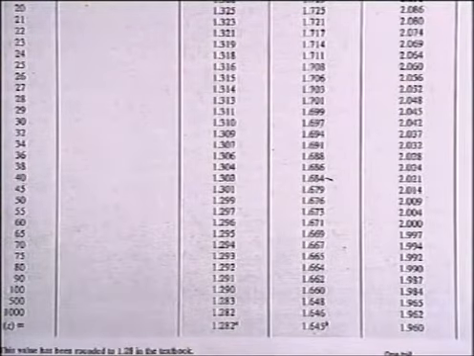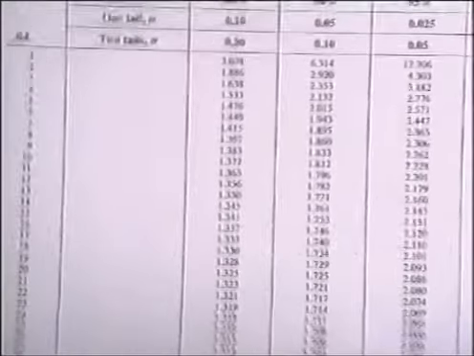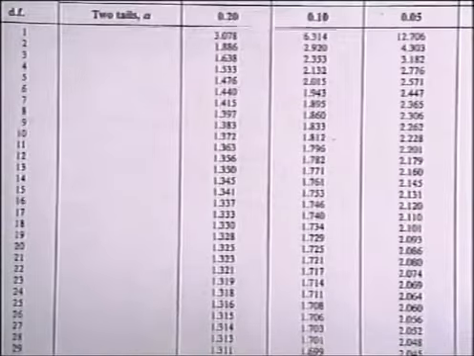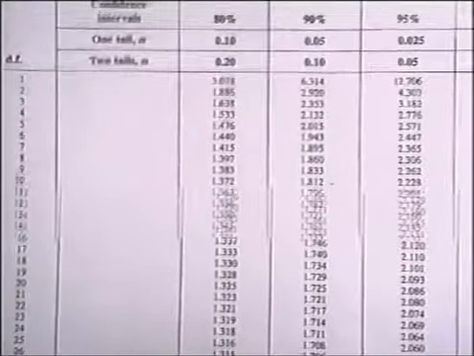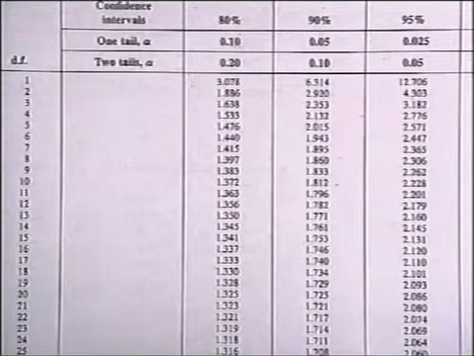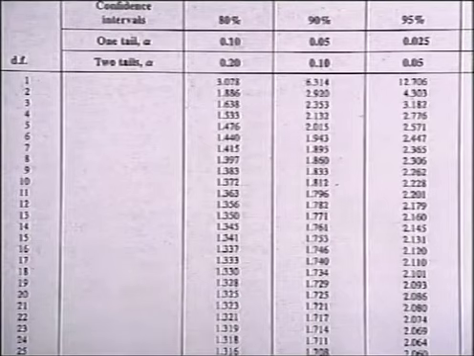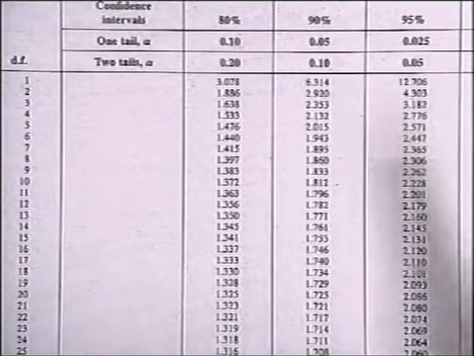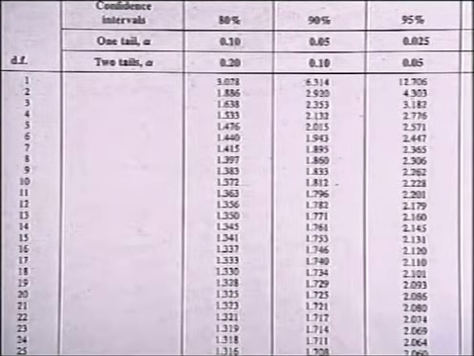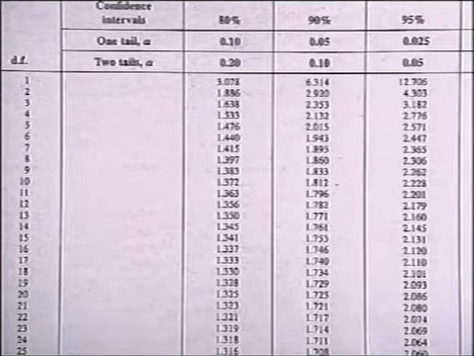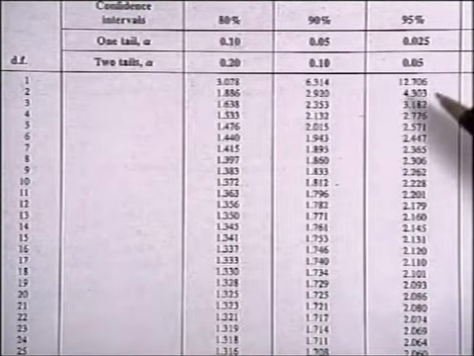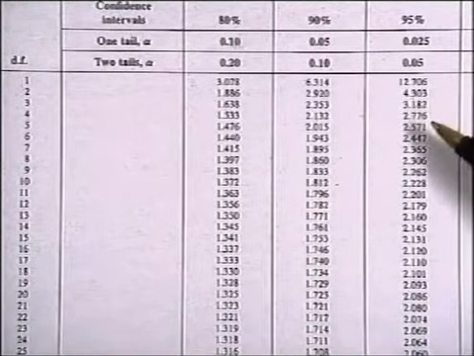But you'll notice, now look at what happens at the bottom part of the table. Let's go down. DF 1. In other words, I've got 2 items. How many standard deviations do I have to be out for 95%? 12.706. This is why it's telling you, look at these numbers on small sample sizes. 4, 3, 2.